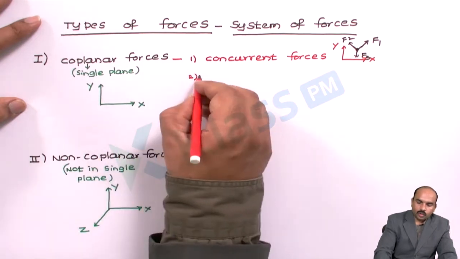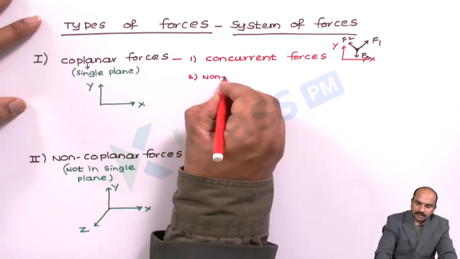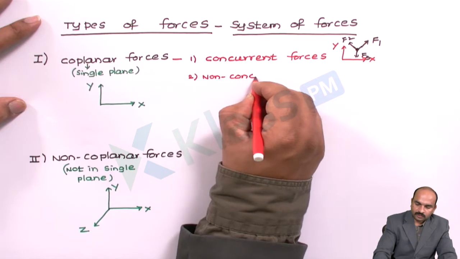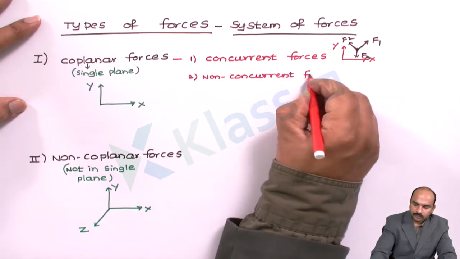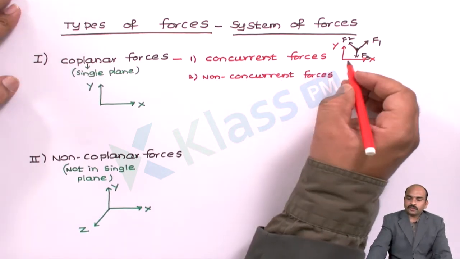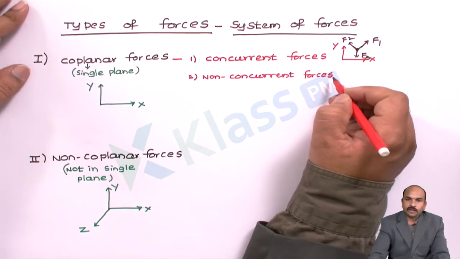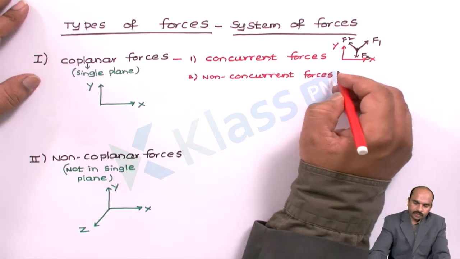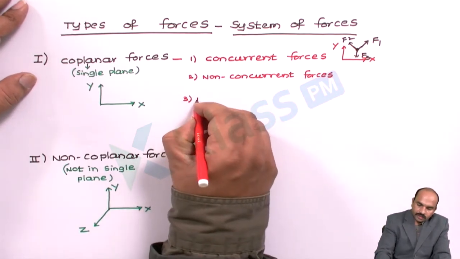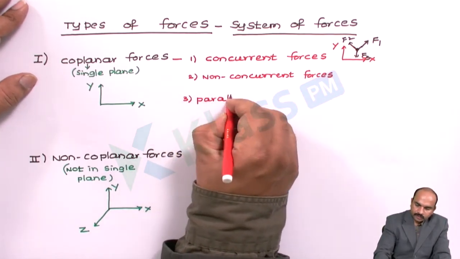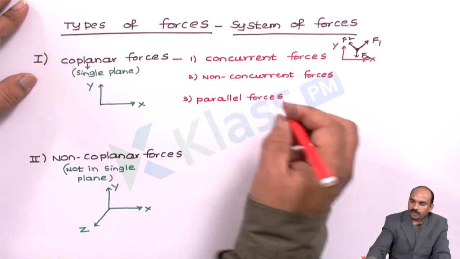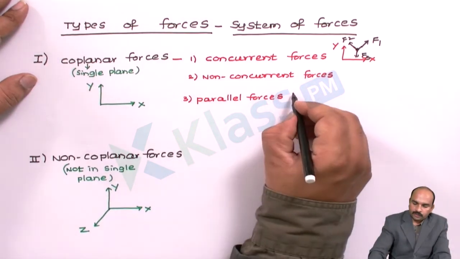Number 2, coplanar non-concurrent forces. Means the forces are in the same plane but they are not meeting at a common point, then we say non-concurrent forces. Then the third one is parallel forces, means coplanar parallel forces.